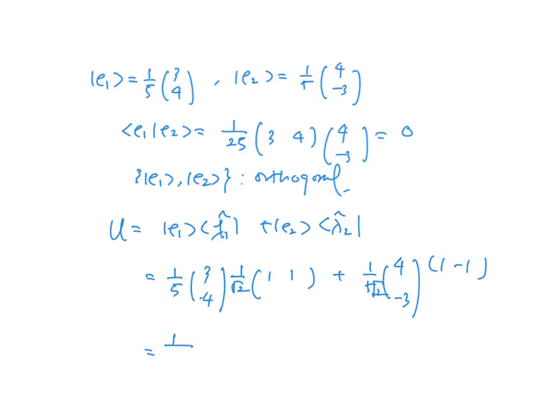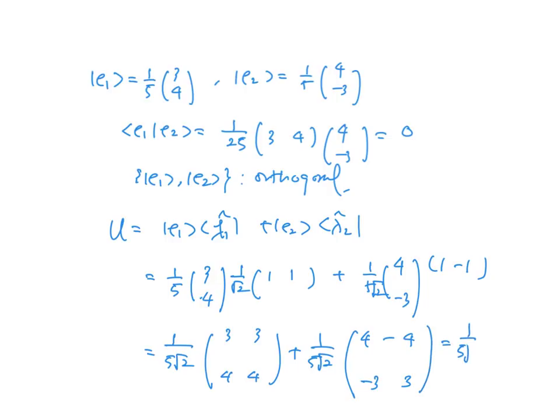So that is 5 square root of 2, 3, 3, 4, 4, plus 5 square root of 2, 4 minus 4, minus 3, 3. So that is 5 square root of 2, 7, 7, minus 1, 1, right?